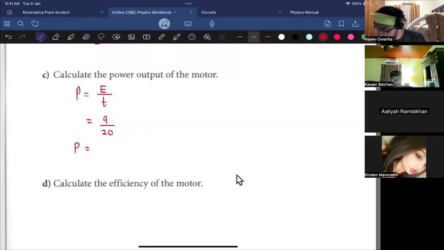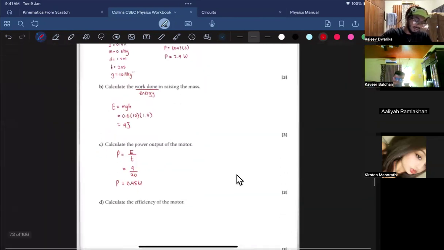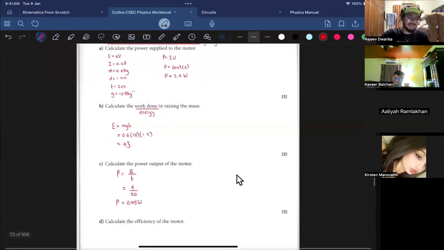You need 0.45. Right, I need 0.45 watts. So Aliyah, are we 100% efficient? Are we using the exact amount of power to lift the mass, or do we have to put more power? You would have to put more.